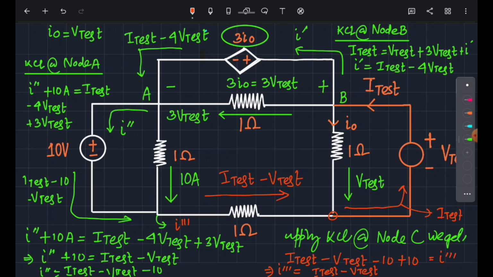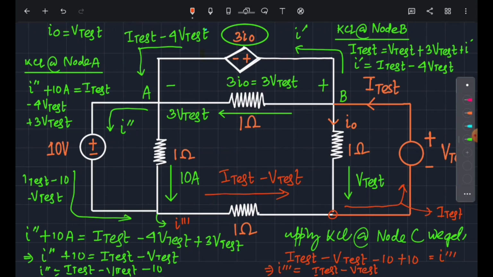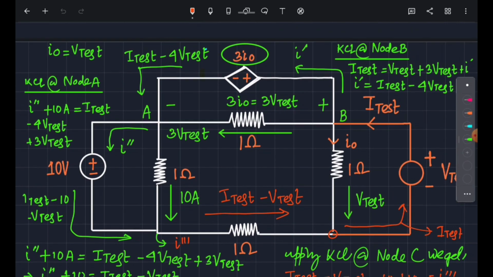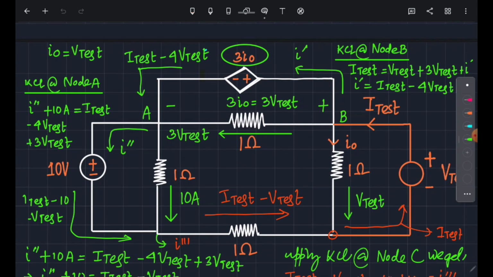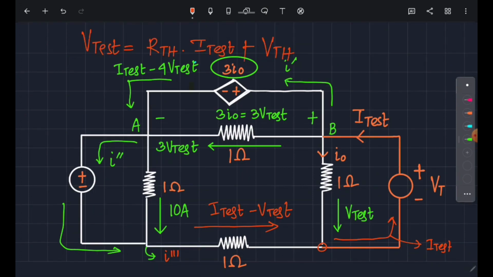Now we need this expression. We need to copy this circuit. I think this is quite messy, so let's see. So now this was 10 volts, right? And this was V test.